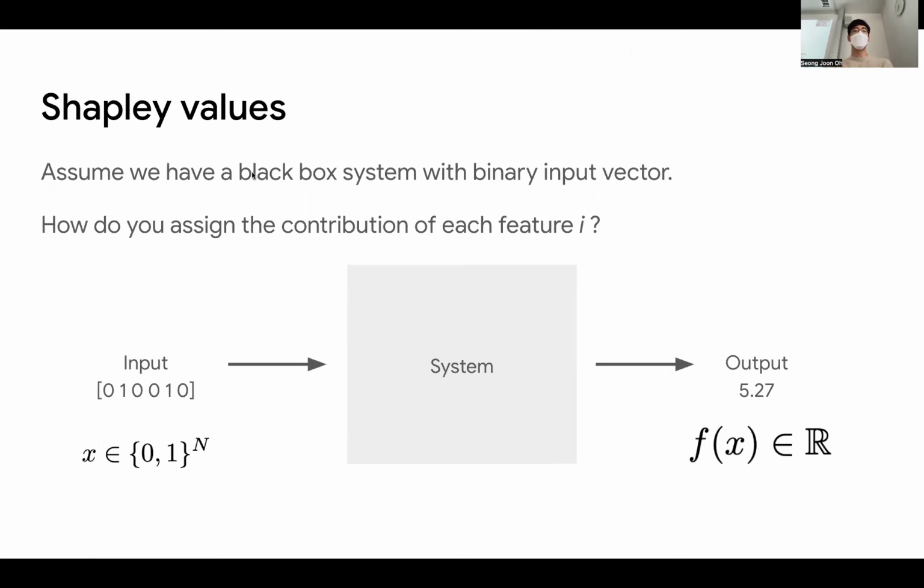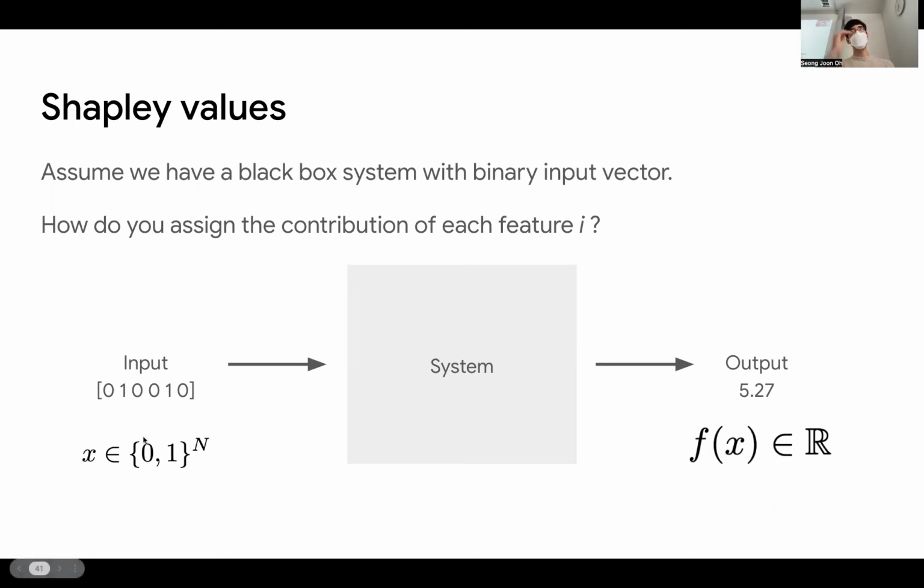Right, so Shapley values. This is a technique for understanding a black box system that takes an input and gives you an output. And the input is typically assumed to be in the form of zeros and ones, discrete values. And the output is a real number.